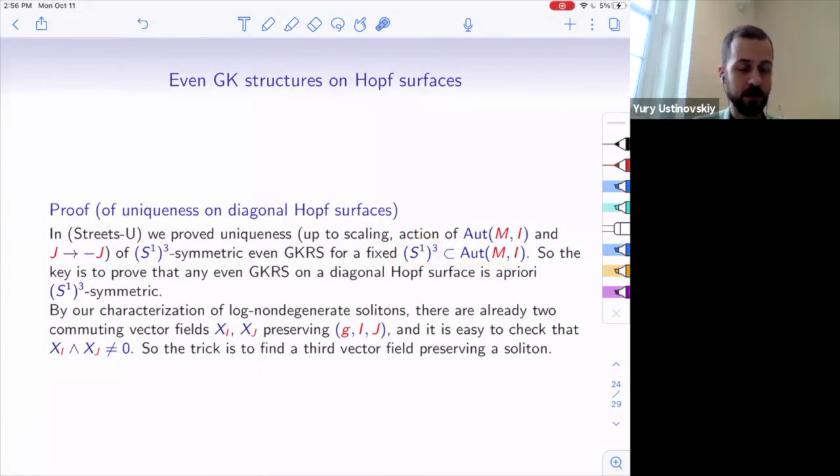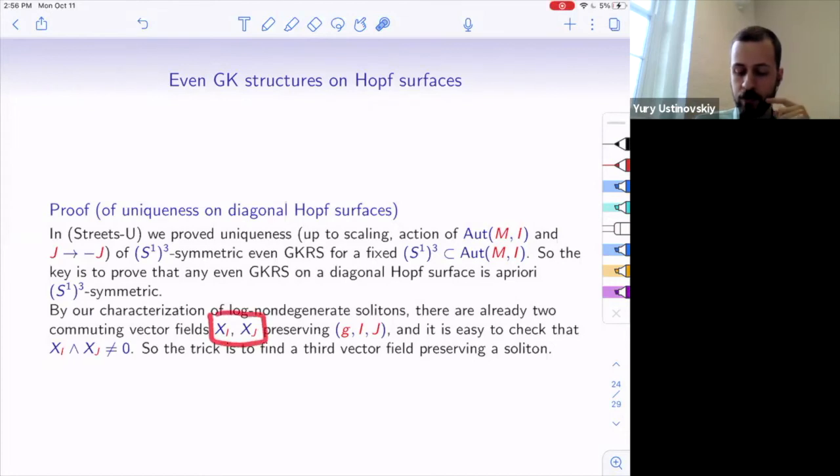So the key is to get the a priori symmetry of a generalized Kähler-Ricci soliton. So you start with an even soliton on a Hopf surface, and you want to prove that it must be symmetric without any other a priori knowledge of that. If we remember our characterization of local degenerate solitons, we already have two-dimensional symmetry.